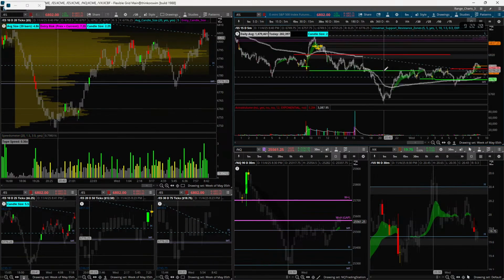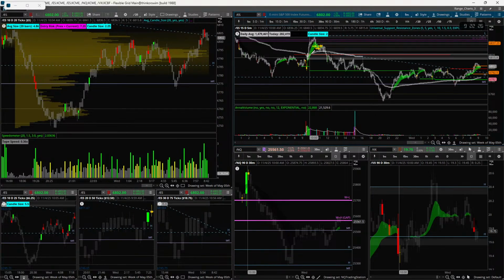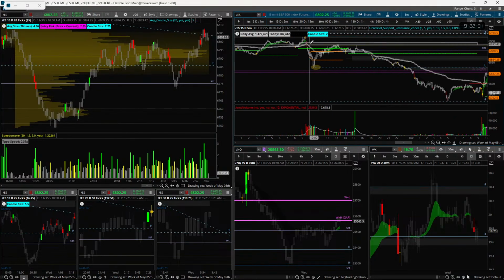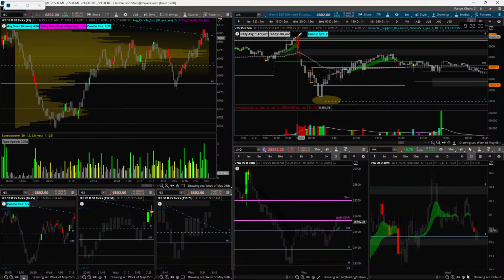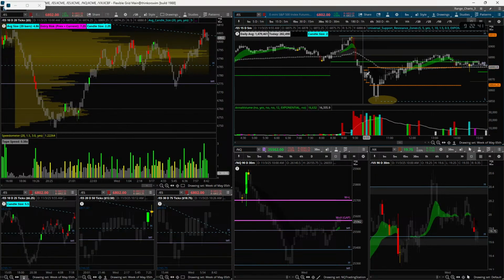And there's a setup where price came in the morning here and went long, and I could have taken that long. Similar to what happened here, I believe, where price came up to that absorption and then sold off. There was a level here that price was holding, and it sold off immediately.